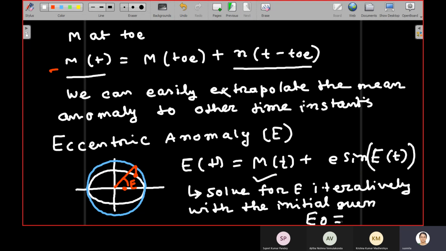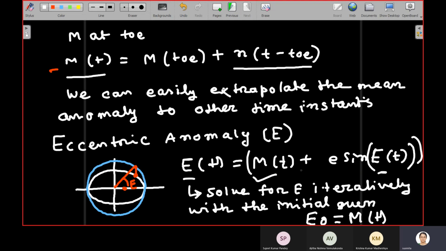So we assume that the initial E is the same as the mean anomaly at t. Then we put this E naught here and calculate the new E. Then we put that new E on the right side and recalculate it.